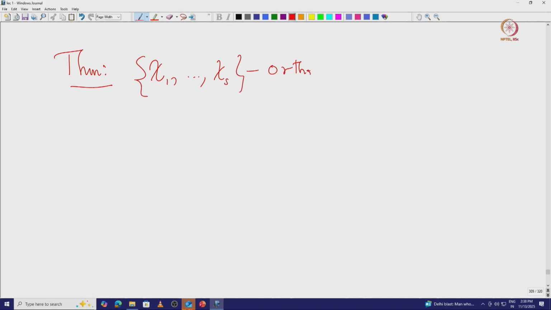an orthonormal basis of this space of class functions. Again we fix G to be a finite group.